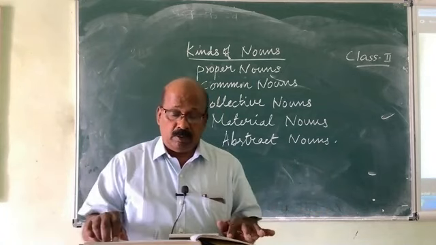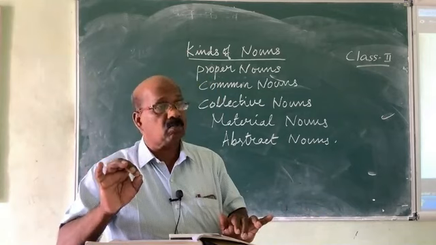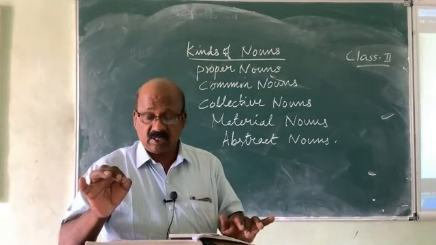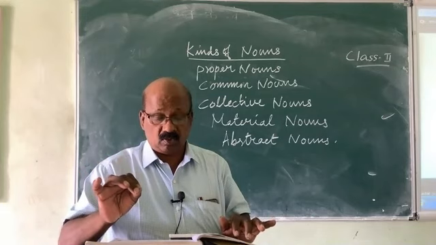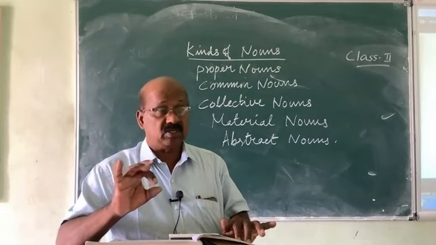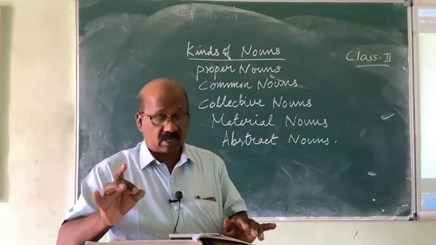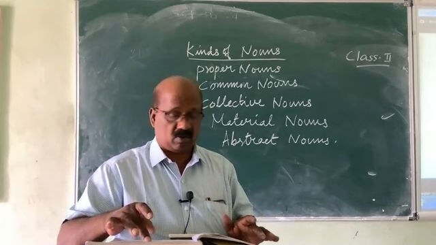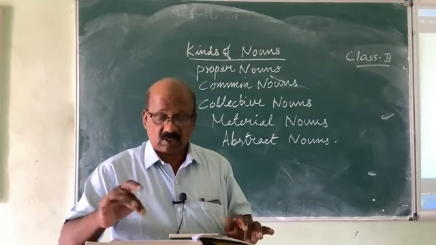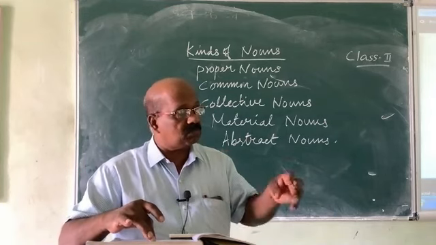So, names assigned to emotions, feelings, qualities, ideas, states, etc. are known as abstract nouns. For example, sincerity is an abstract noun. Determination. Can you see determination? Can you show determination? No, we cannot. Then sweetness, surprise. Can you bring some surprise tomorrow?